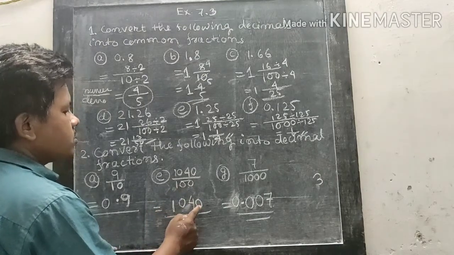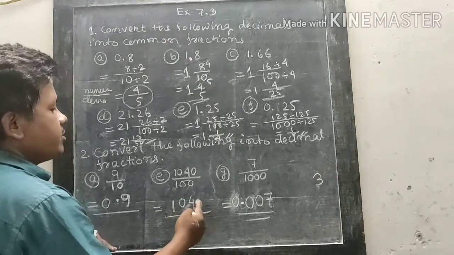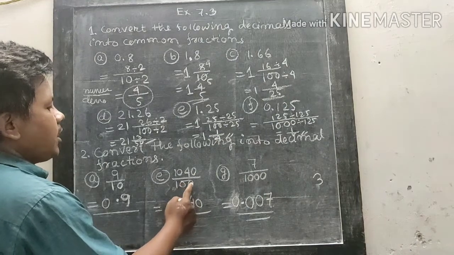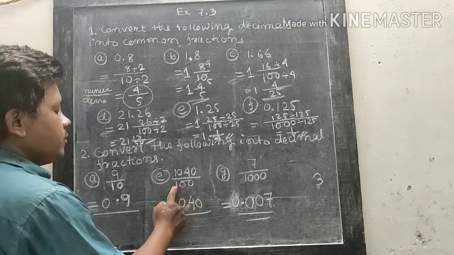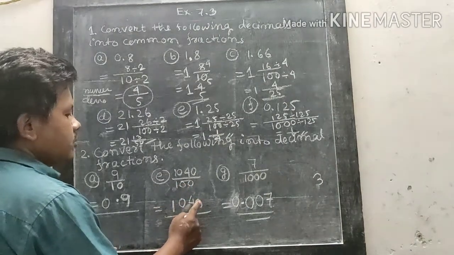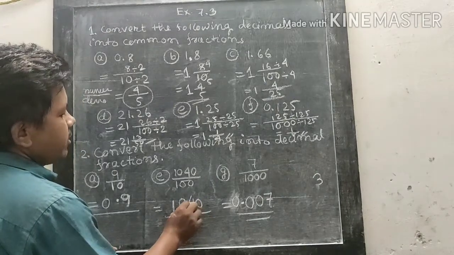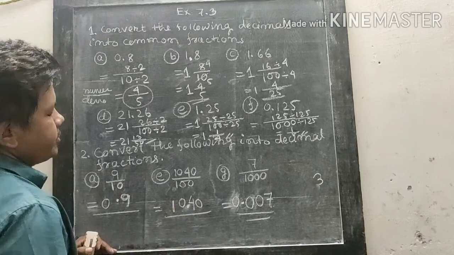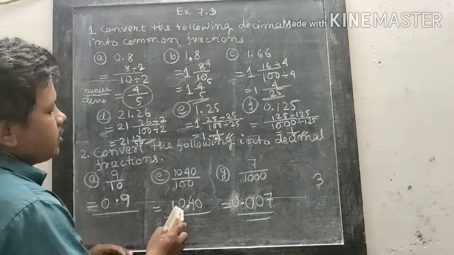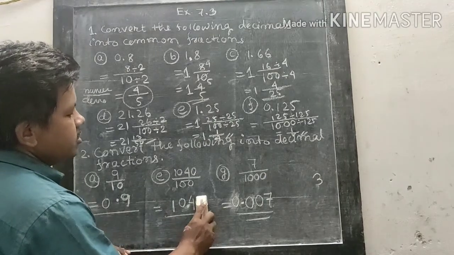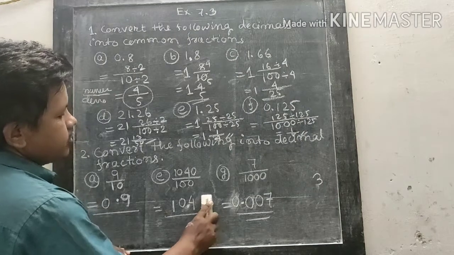Then we count from the extreme right how many zeros there are, so after 2 digits we shall have the point. At the extreme right, this 0 is meaningless.